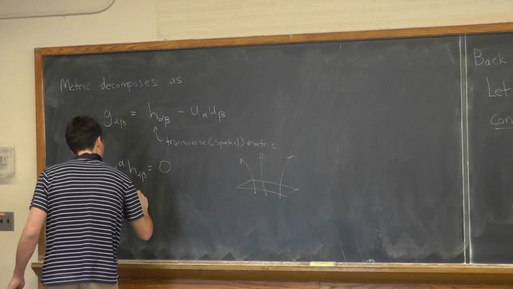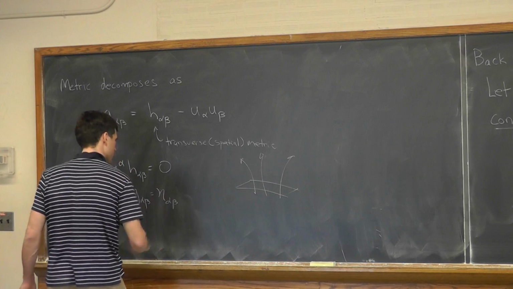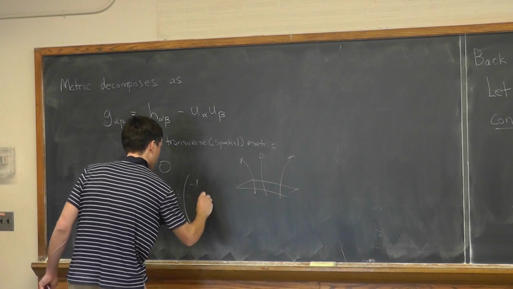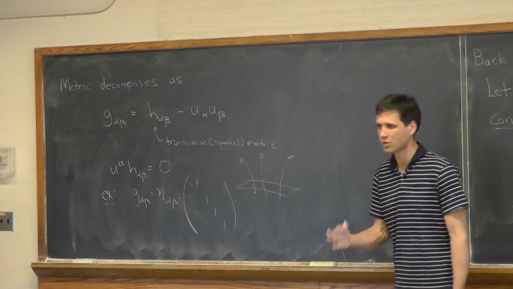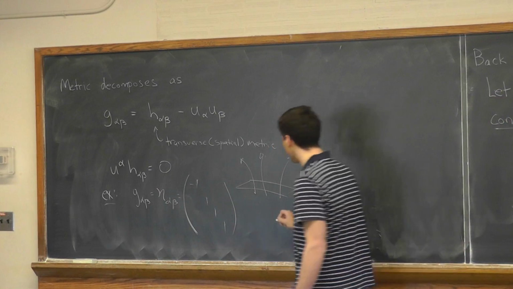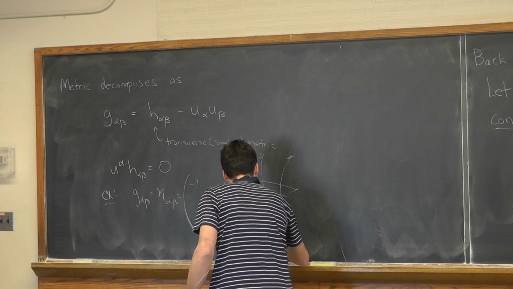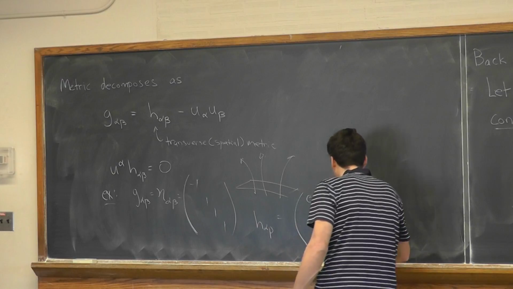So for example, if we're just in flat space, the original metric is -1, 1, 1, 1. And we choose the congruence to just be pointing in the time direction. Then h alpha beta would be 0, 1, 1, 1.